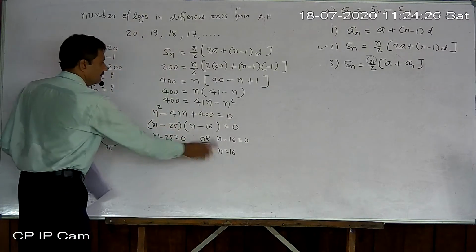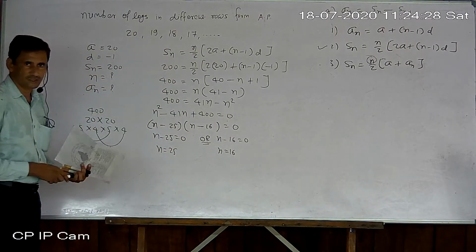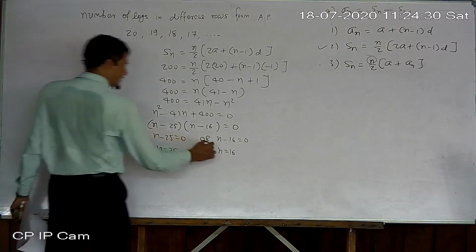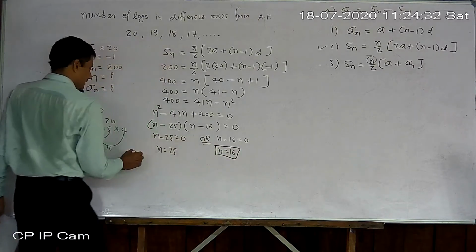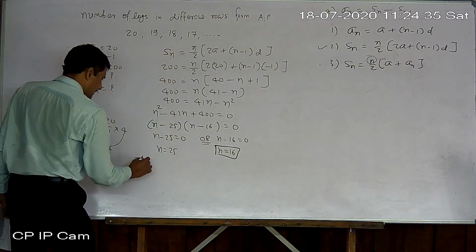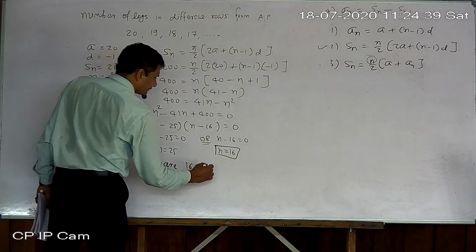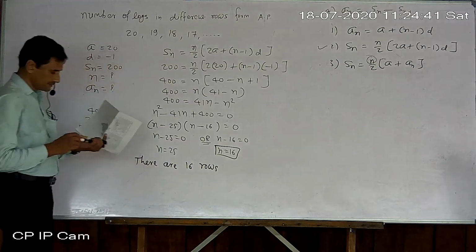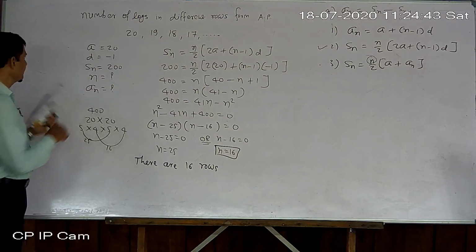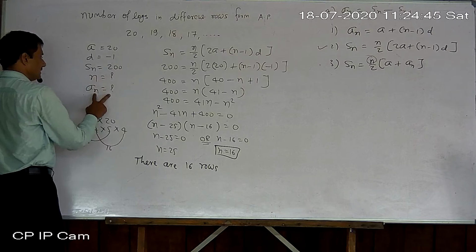But here we can give only the first answer, meaning n equal to 16. So just write, there are 16 rows in total.